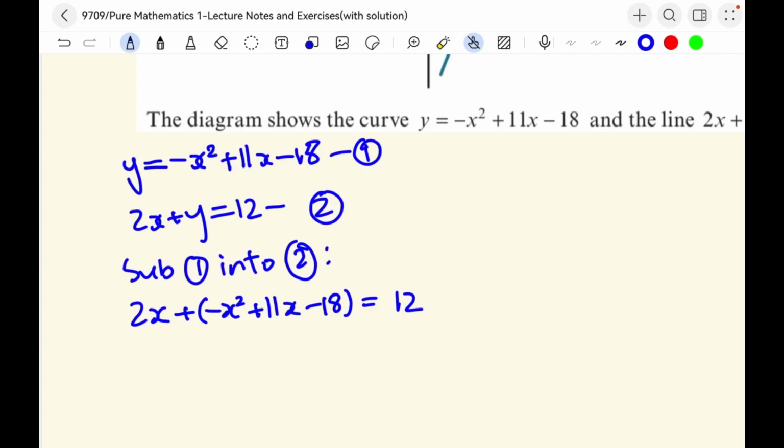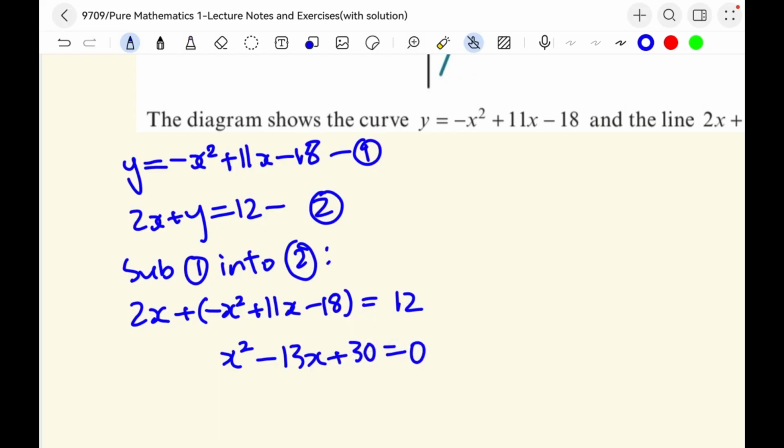Now let's deduce it quickly. Negative x, move to the other side, you'll get x squared. 2 plus 11 is 13, negative 13. And here's the constant value on the right hand side, 12. So you move to the right hand side, you will get plus 30.